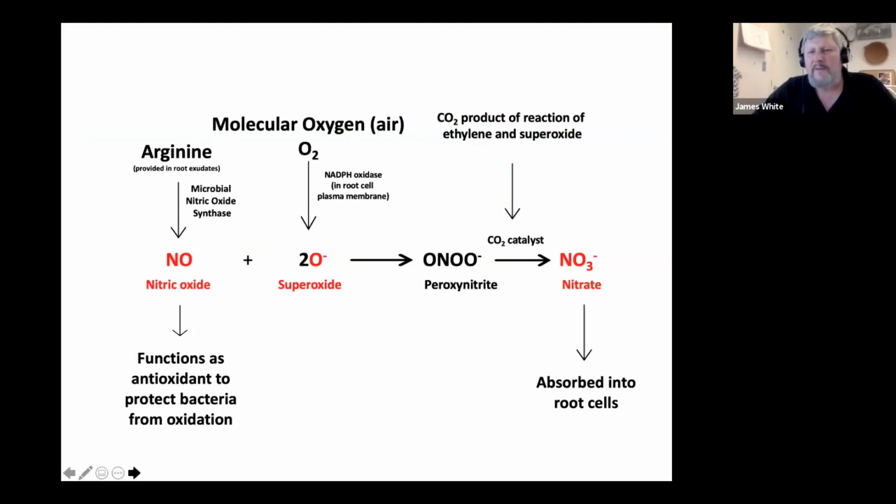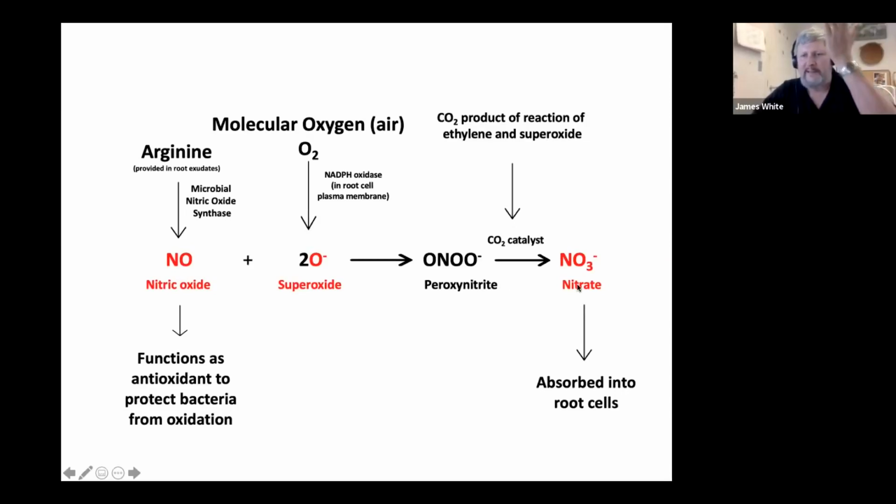There's another reaction that's important, and it happens to be this reaction here. In this reaction, what happens is the microbe secretes an antioxidant, but that antioxidant is nitric oxide. It's a potent antioxidant, and in order to protect itself, the microbe secretes this nitric oxide, and it will combine with superoxide and will form nitrate.